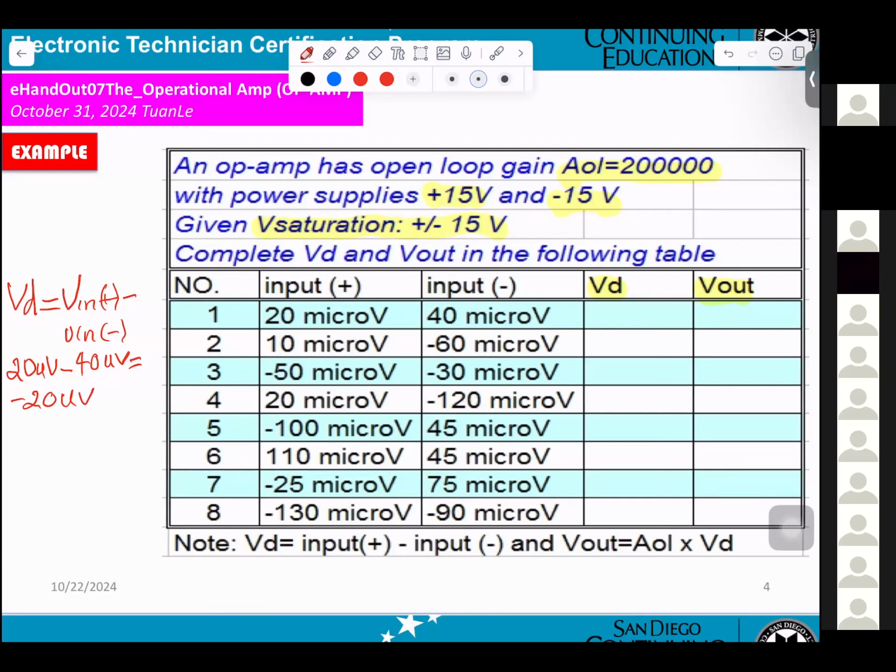Okay. And V out equals the gain, 200,000, times minus 20.